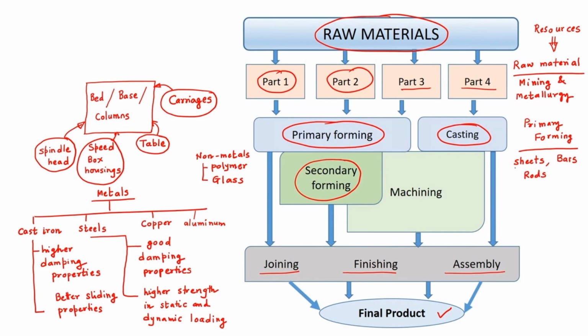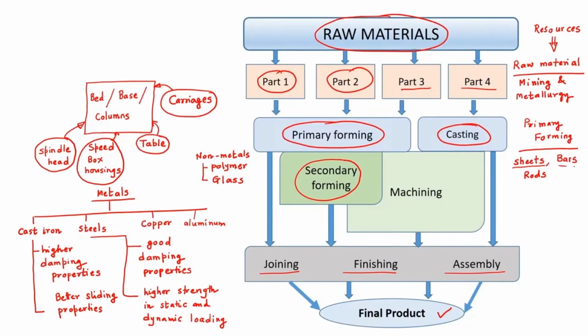If it is fine with you to use the sheets as they are for making the final product, for making the housing, it is fine. But we need to carry out certain operations on the sheets. For example, we need to have some holes, some notches on the sheet. For that purpose we have to carry out another operation, and that punching operation, the notching operation, is nothing but the secondary forming operation.